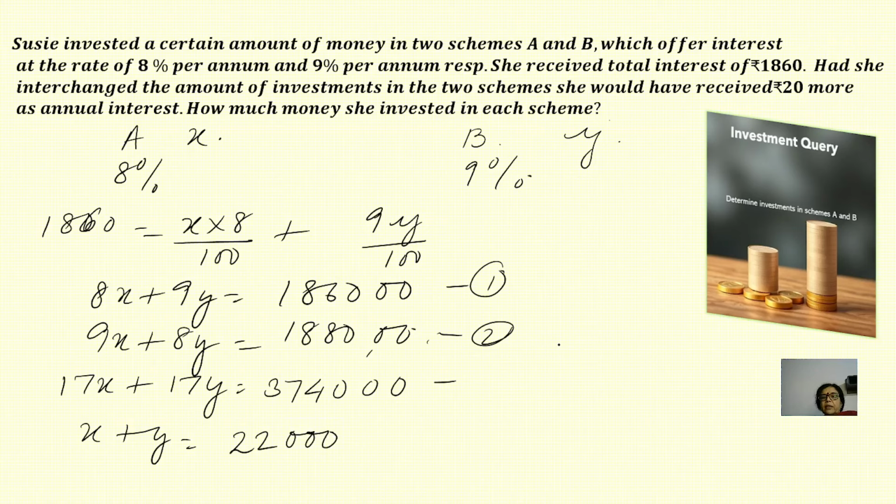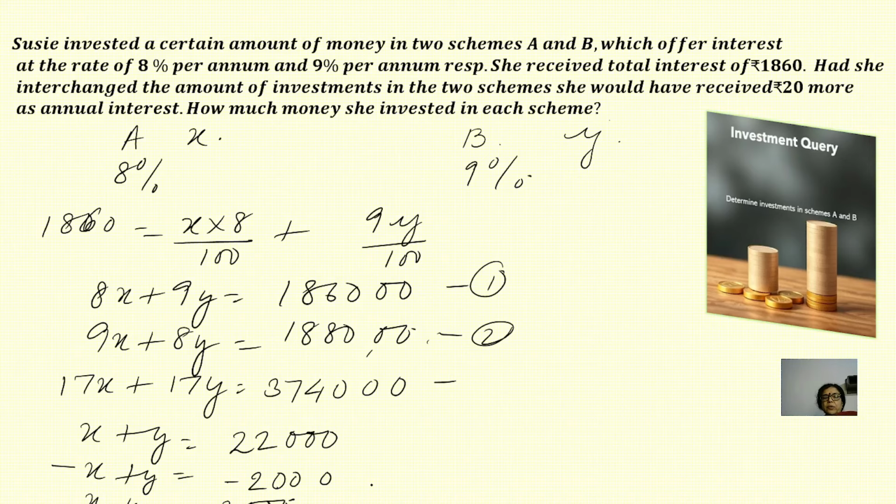Similarly, if we subtract them, we get minus x plus y is equal to 2000. Take out minus common, so x minus y is equal to 2000.